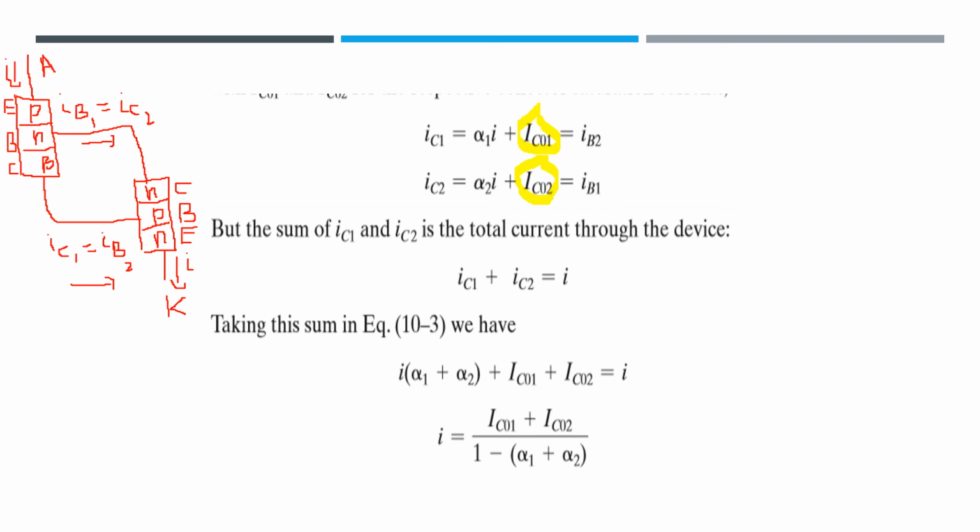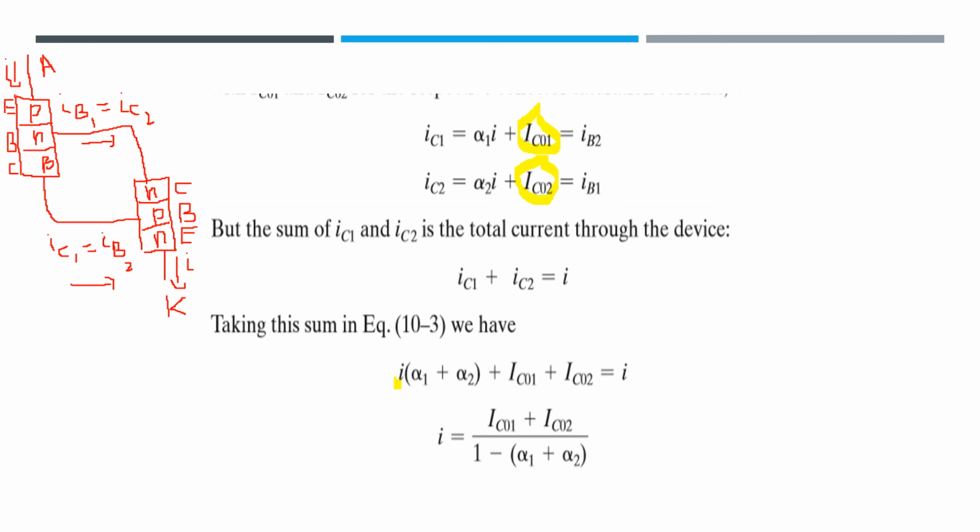How? Instead of IC1, I will write this equation. Instead of IC2, I write this equation. And from this I is taken common. Here I is common and alpha 1 plus alpha 2 is in a bracket.